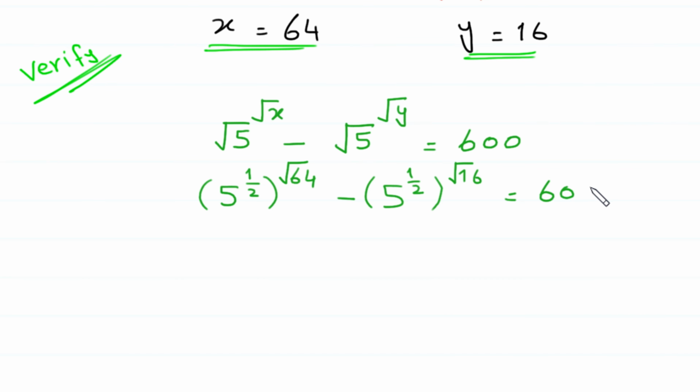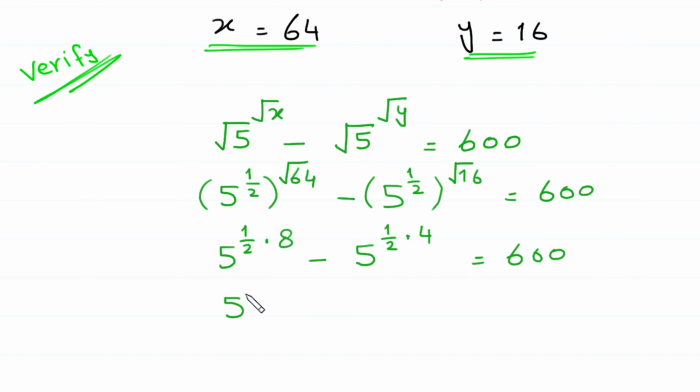Next, 5 to the power 1 over 2 times square root of 64 is 8 minus 5 to the power 1 over 2 times square root of 16 is 4, is equal to 600.